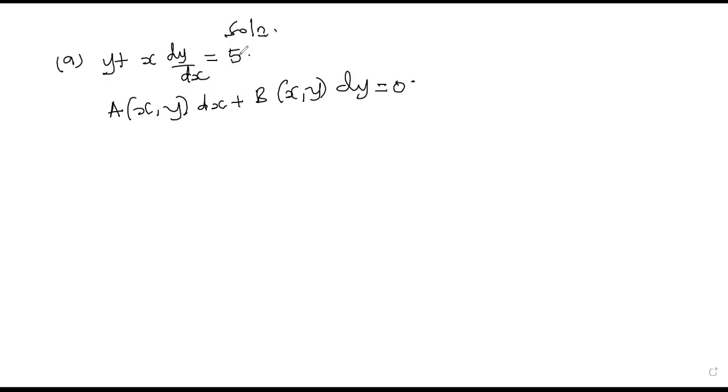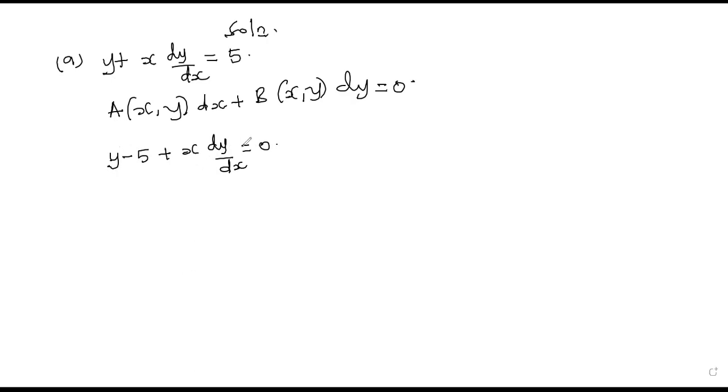This side we don't have a 5, we need a 0 there. So we need to pick this 5 and bring it to this side. We shall have (y - 5) + x dy/dx equal to 0.